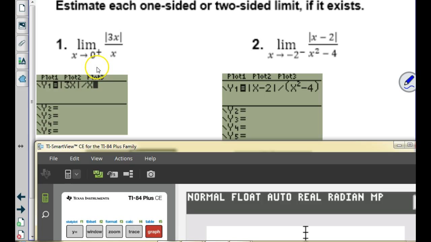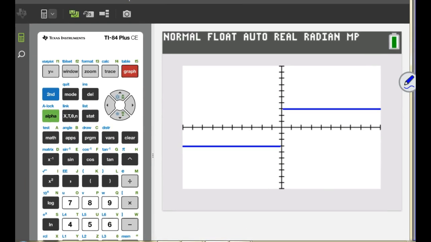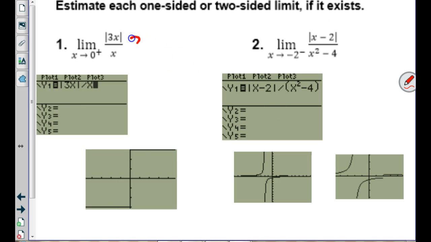As x approaches 0 from the right. So here what we're doing is we're coming from the right, getting close to an x value of 0. And what is the y value staying at that whole time? 3. Okay, now we're supposed to graph this one.